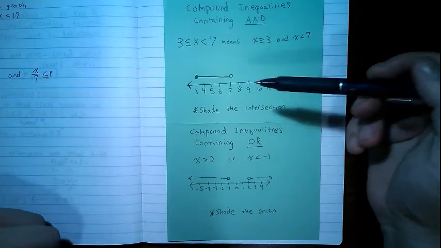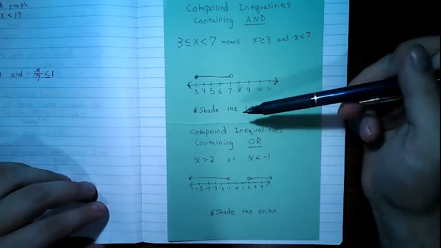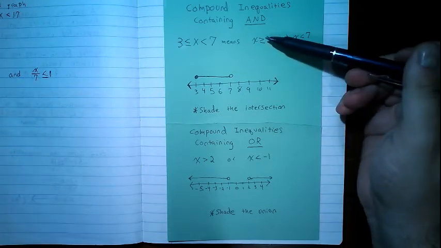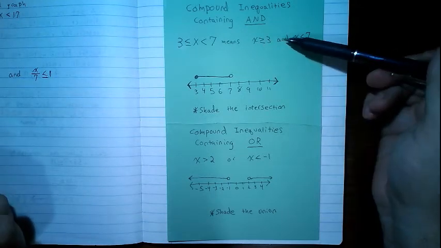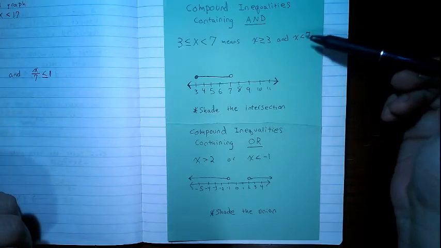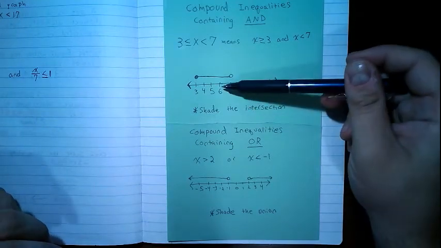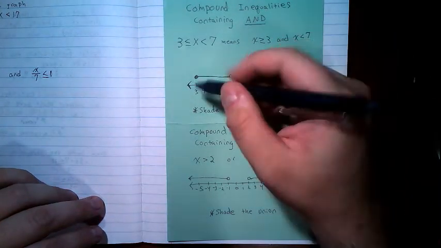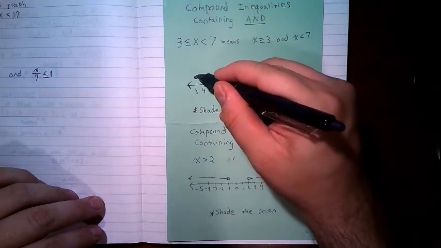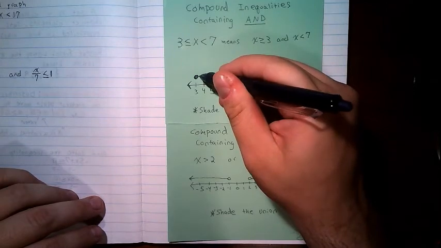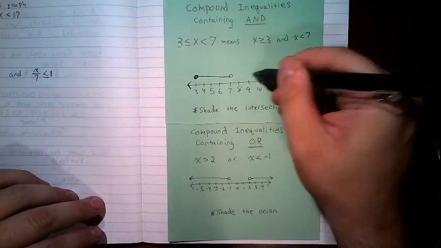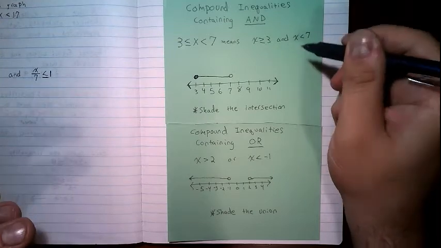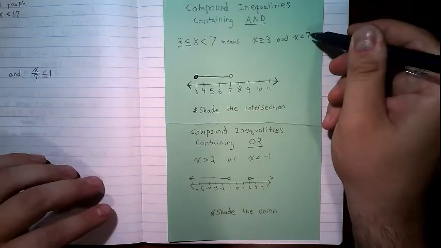Now if you want to show this as a graph, well, what are the values where x is greater than or equal to 3 and less than 7? So we start looking at the number line. We know that it's greater than or equal to 3, so that looks like a closed circle, right? And then shading all the way to the right. But I know that x also has to be less than 7.